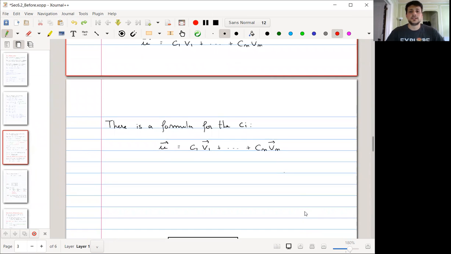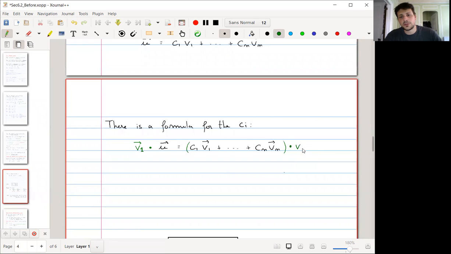Well, let's do the computation here. The idea is very similar to the one that we did before. Suppose you have a vector u and you write it as a linear combination with these coefficients. Now let's dot both sides of this equation, maybe with v1. And I can dot them on different sides because the dot product is commutative.